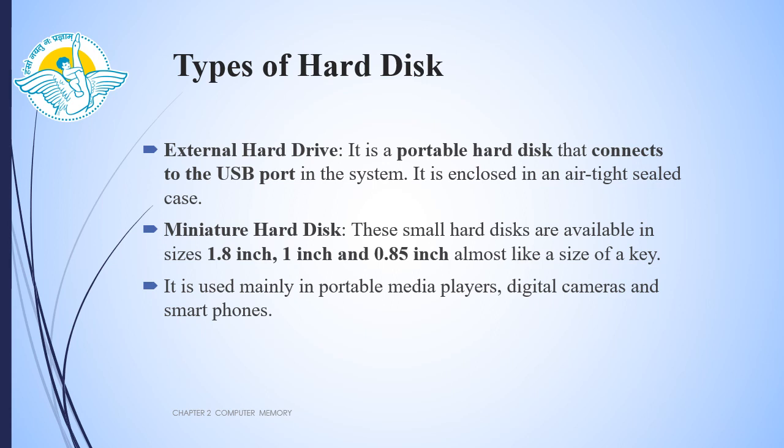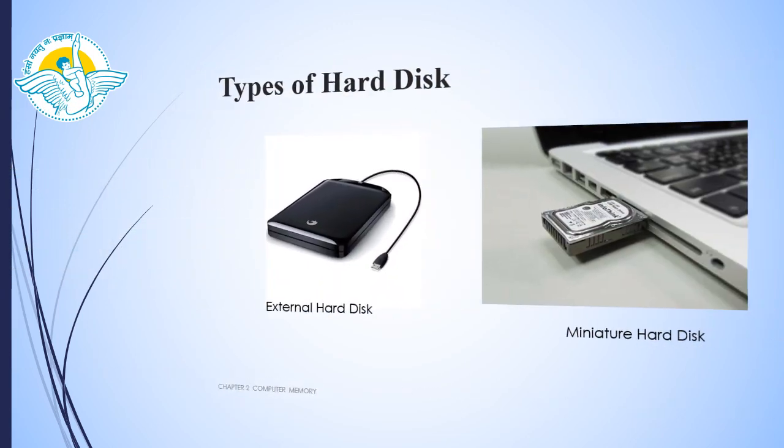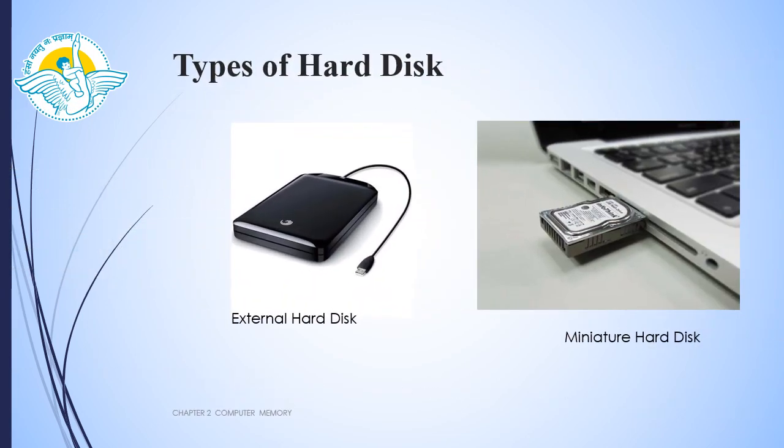These small hard disks are available in sizes about 1.8 inch, 1 inch and 0.85 inches respectively, almost like the size of a key. It is used mainly in portable media players, digital cameras and smartphones. This slide shows you the picture of an external hard disk and a miniature hard disk.